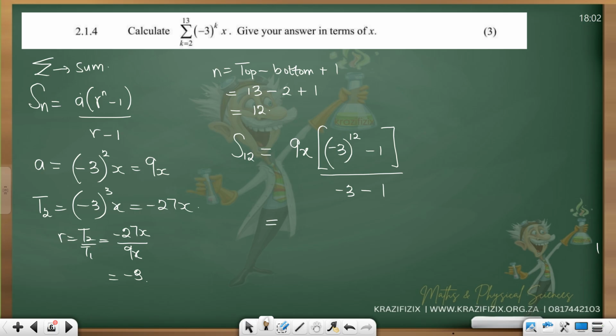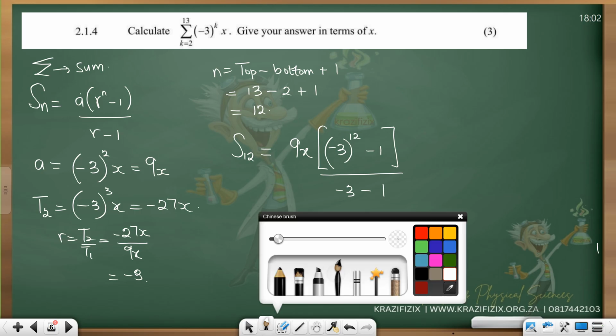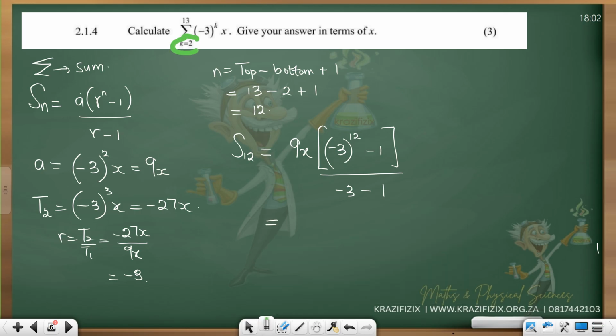Look at this. To make it A. Oh, A is the first term. All right. And all we need to do is to substitute K. We're saying start from 2. So you substitute 2 there. That's all. -3 squared is 9. What is 9 times x? 9x.